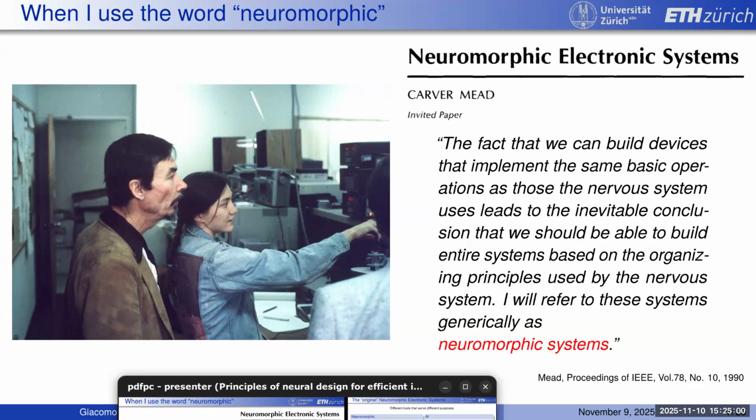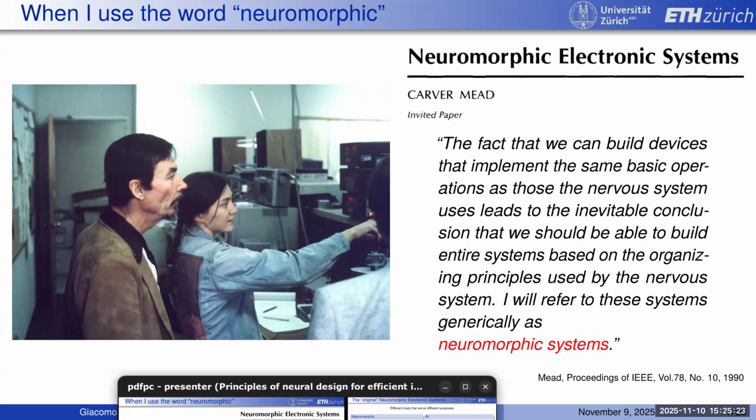And if you have the equivalence of a sodium or potassium channel with an electronic transistor, you can imagine once you start to put transistors together, you get equivalences also at the macroscopic level. If you create a neuron with many of these transistors, you will have a hard time distinguishing the response of the neuron to inputs between a biological one and a silicon one.